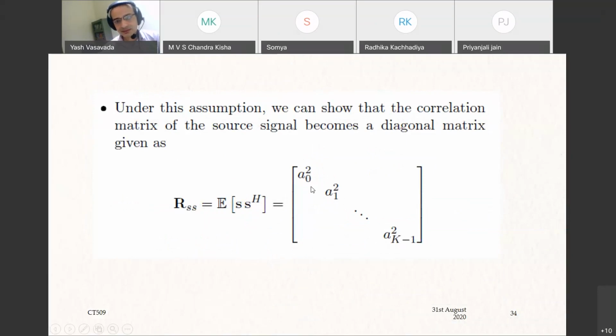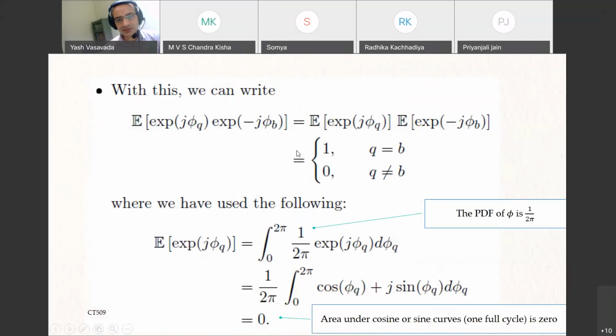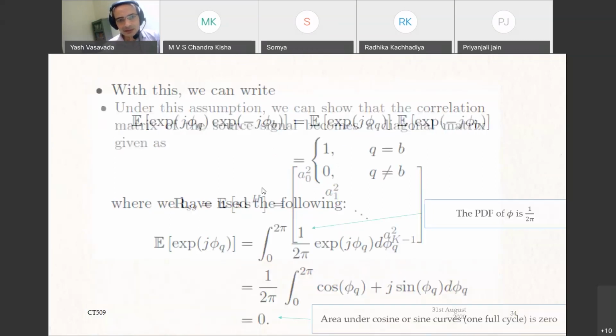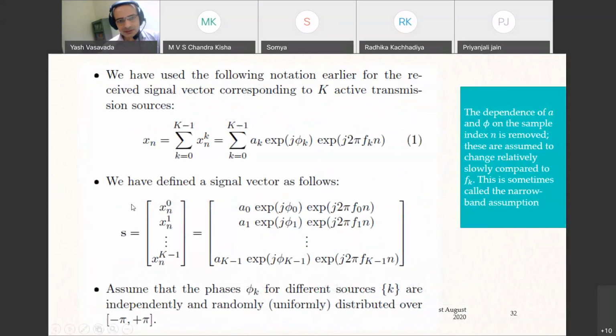How did I get this? The only thing that I needed to make use of is this equation over here. How can I show this? I mean, fine, this equation is correct. We can convince ourselves that this has to be the case. But then from that, how did I get here? Well, what you can do is take this S to S Hermitian transpose. So instead of being a tall vector, it becomes a horizontal flat vector. And then look at each element by element multiplication.